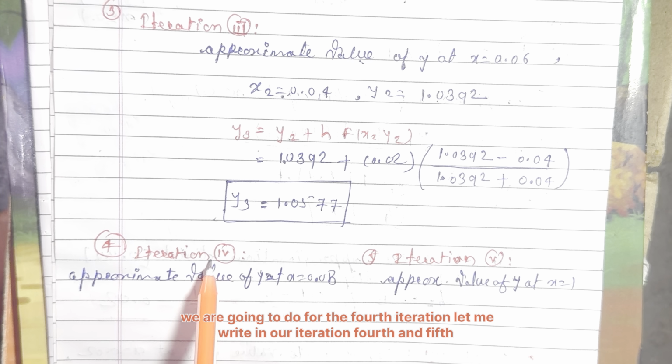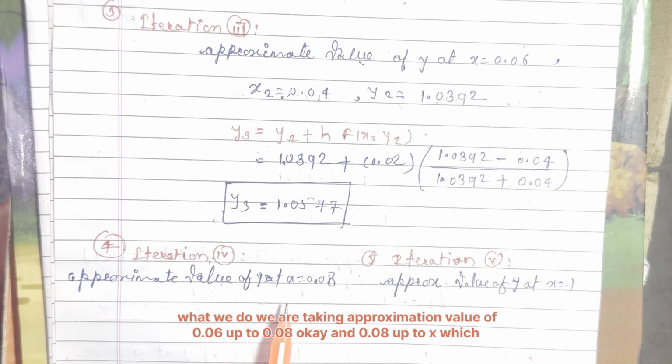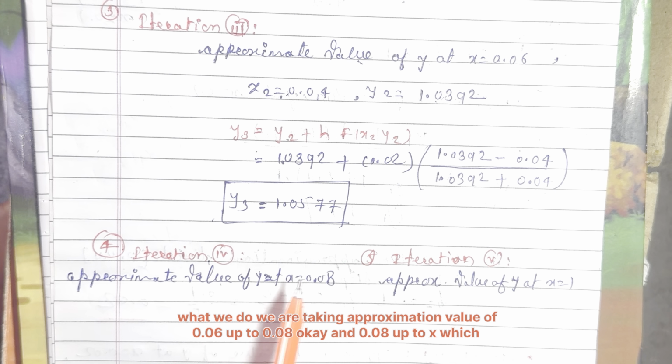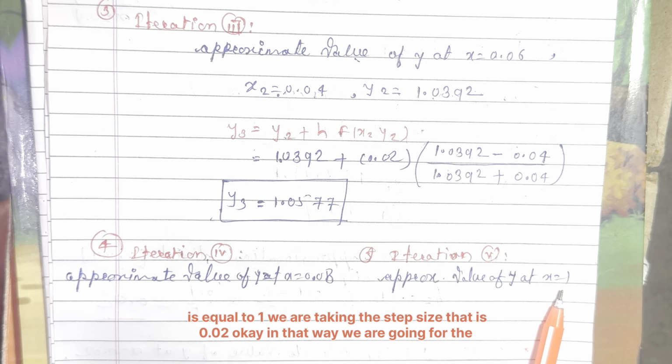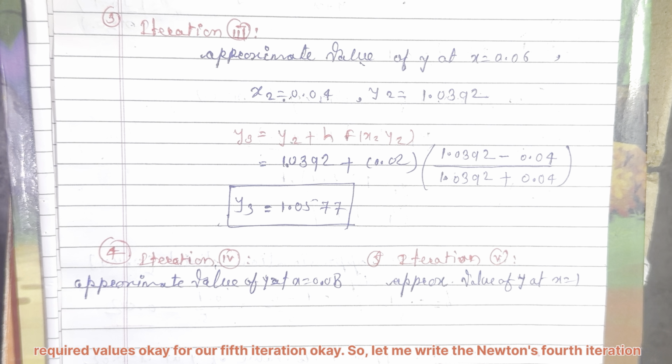In our iteration fourth and fifth, we are taking the approximation value 0.06, after that 0.08, and 0.08 after x equal to 1. We are taking the step size as 0.02. In that way we are going for the required values for our fifth iteration.